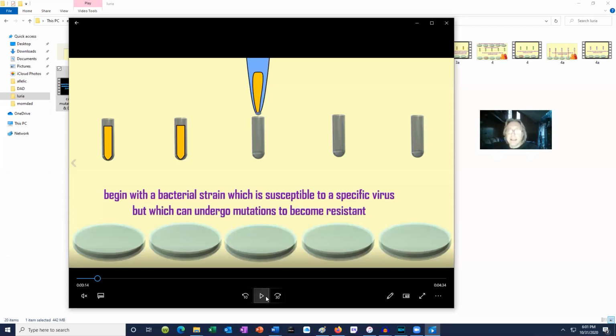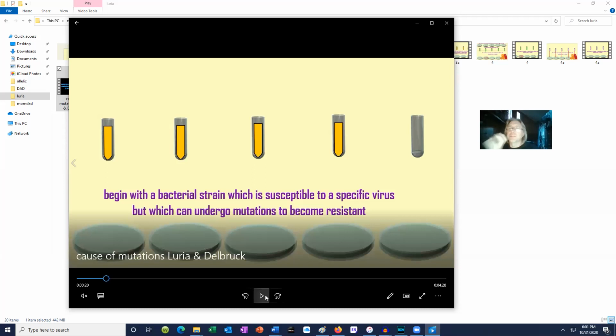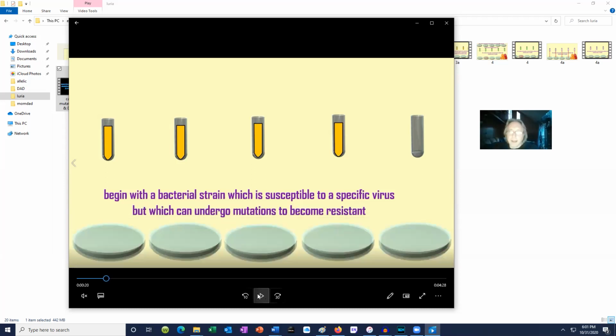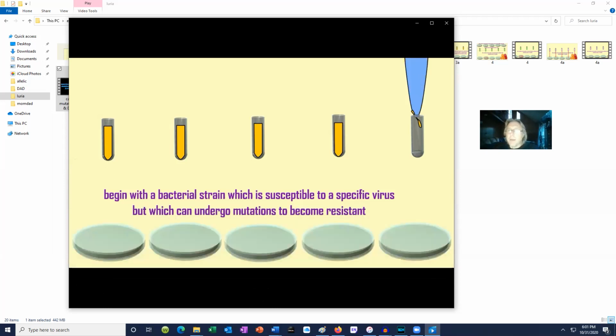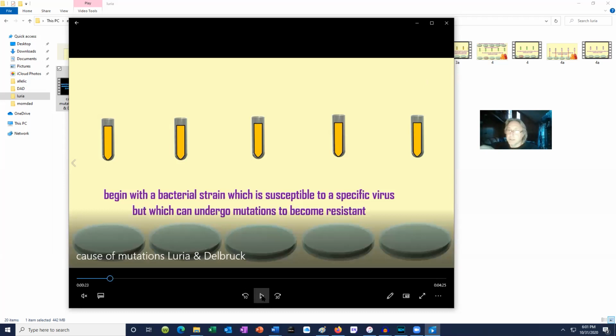What they did is they started off with a bacterial strain susceptible to a specific virus, but which can undergo mutations to become resistant to that virus. I'm just simulating their experiment in two different examples, this one and that one. Here's a bacterium, and they can recognize the phenotype of the mutant bacteria.